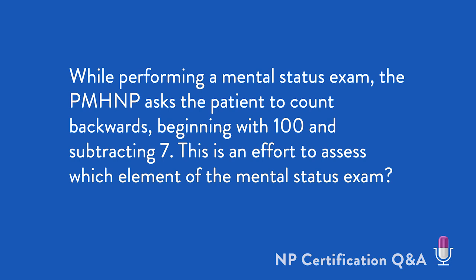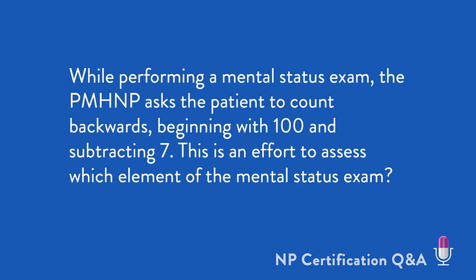While performing a mental status exam, the psychiatric mental health nurse practitioner asks the patient to count backwards, beginning with 100 and subtracting 7. You know the routine. 100, 93, 86, 79, 72, 65, 58. So I guess I can do it.